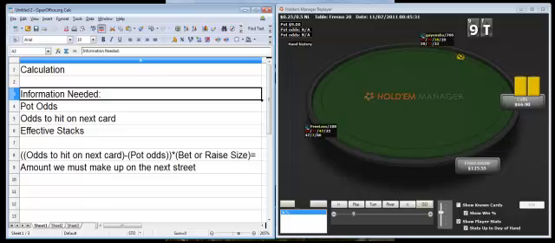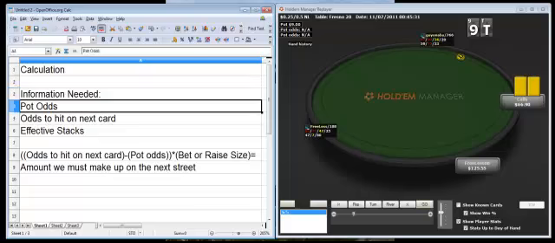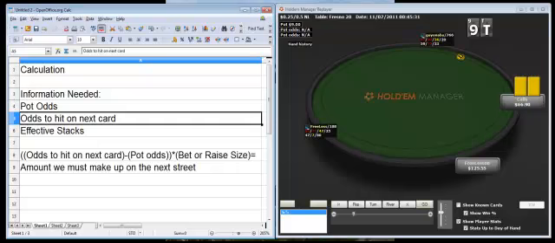So there are a couple of pieces of information needed for the calculation of implied odds. First thing you need to know is your pot odds, the amount the pot is laying you. I'm sure you guys know what pot odds are. If not, then you probably should skip this video. Next, the odds to hit on the next card.